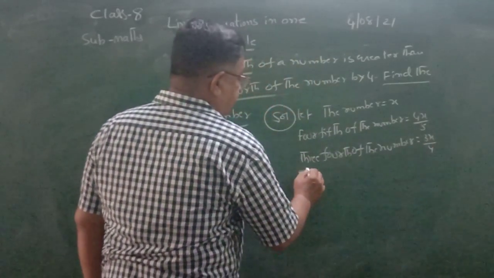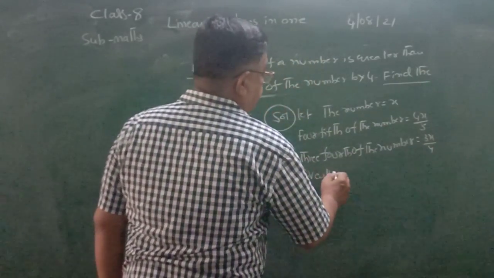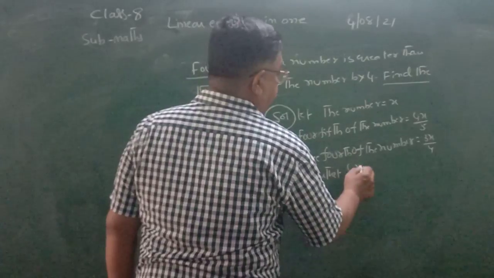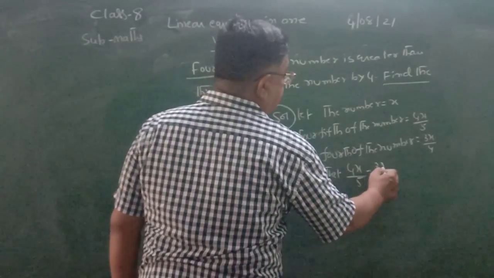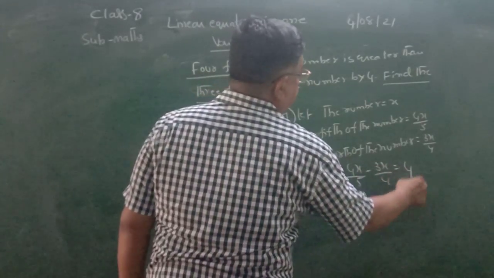So they gave a condition, given that 4x by 5 minus 3x by 4, the difference of these two is given to be 4.